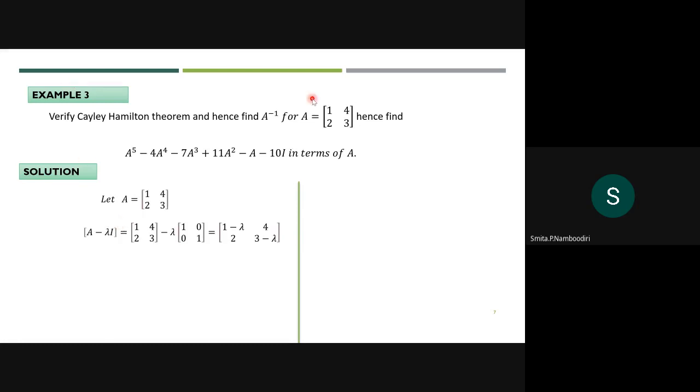ओके, अगर हमको A माइनस लैम्डा I लिखना है तो जो भी डायगोनल एलिमेंट्स हैं उसमें से लैम्डा सबट्रैक्ट करना है. तो 1 माइनस लैम्डा, 4, 2, 3 माइनस लैम्डा. Now calculate the determinant of this.